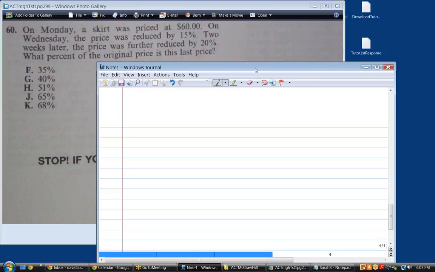So what was the price after Wednesday when it was reduced by 15%? So on Monday, it was $60. On Wednesday, it was how much? So 60 times... Oh, is there an equal sign? Yeah, there is. Do you have your calculator?